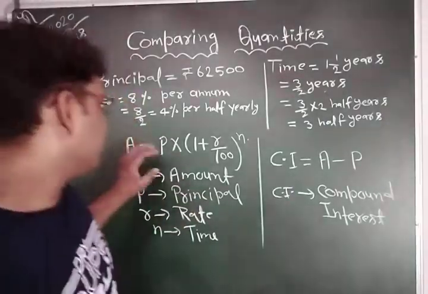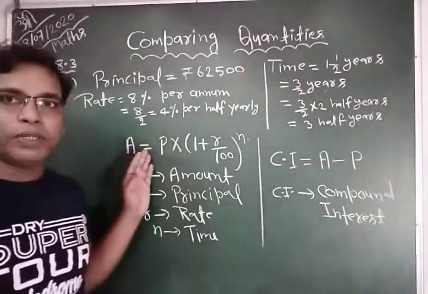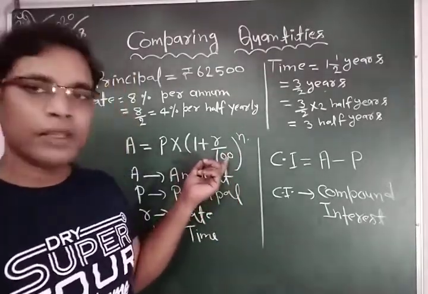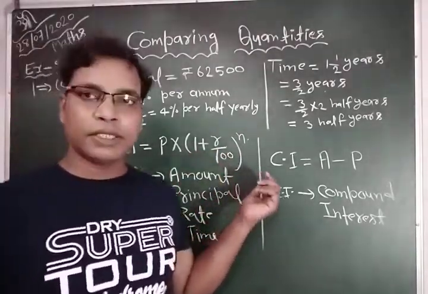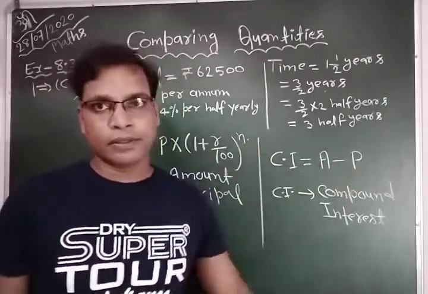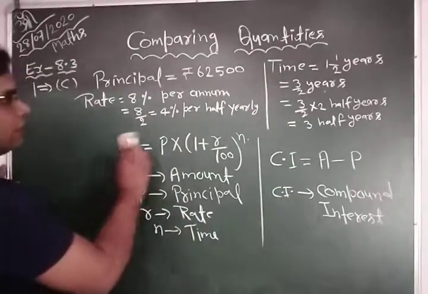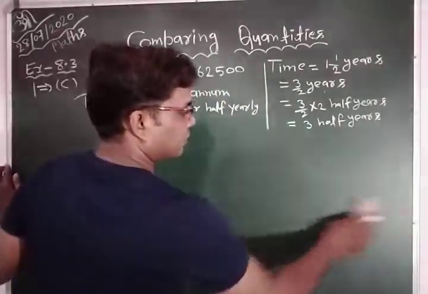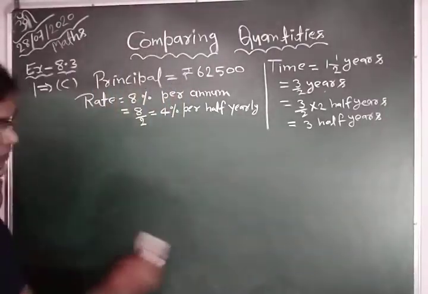So we use the formula A is equal to P into (1 plus R by 100) to the power n to find the amount. After this we find compound interest, amount minus principal. Let's see how to solve this question.